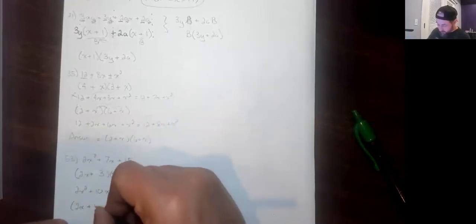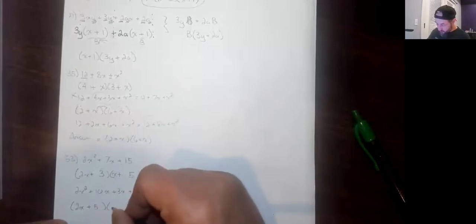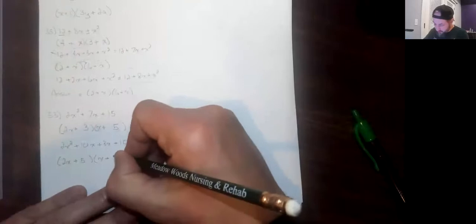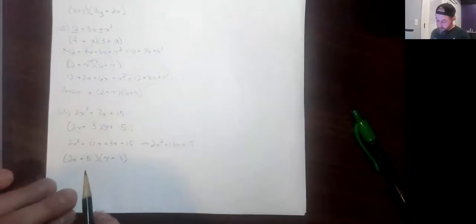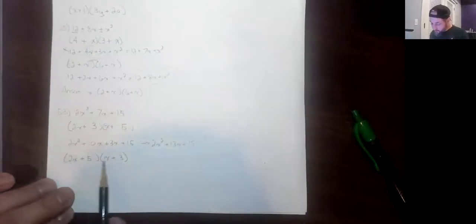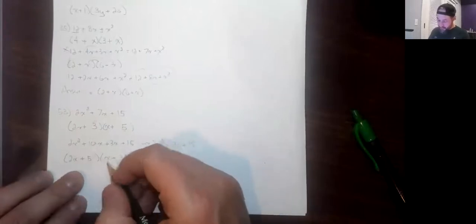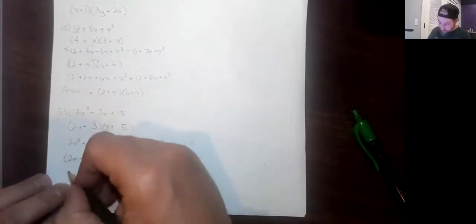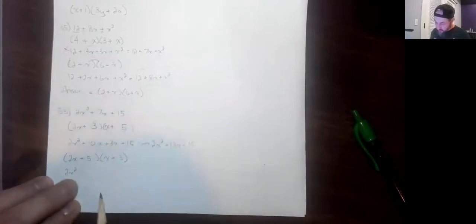So what I'm going to do is I'm going to try switching which ones I have. And I end up with, when I do that, 2x times x, and that gives me 2x squared.